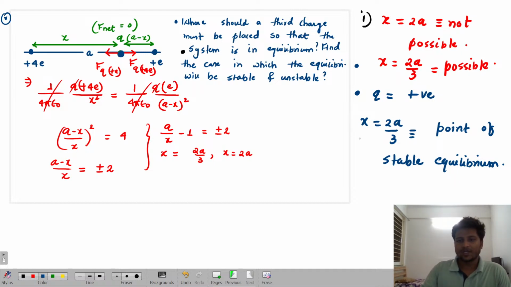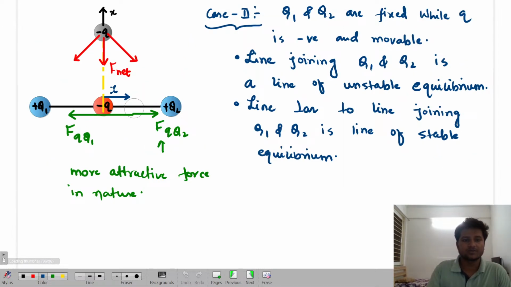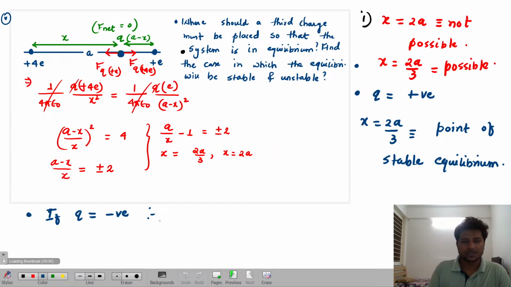So, second point, if q is negative, if my q is negative, then we know that between two positive charges, if I place a negative charge, then this line becomes a line of unstable equilibrium, isn't it?